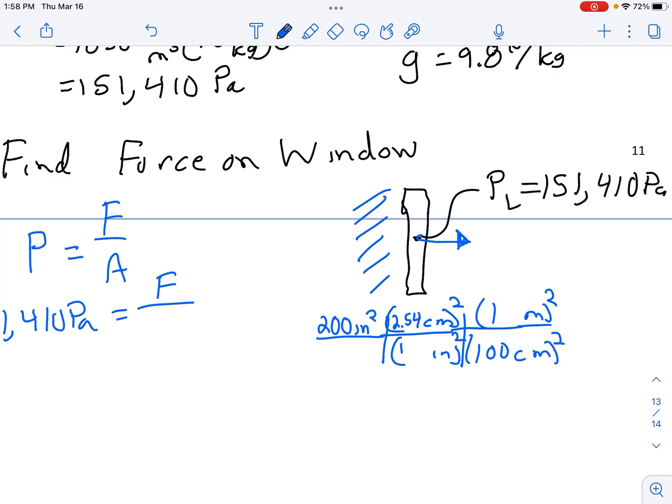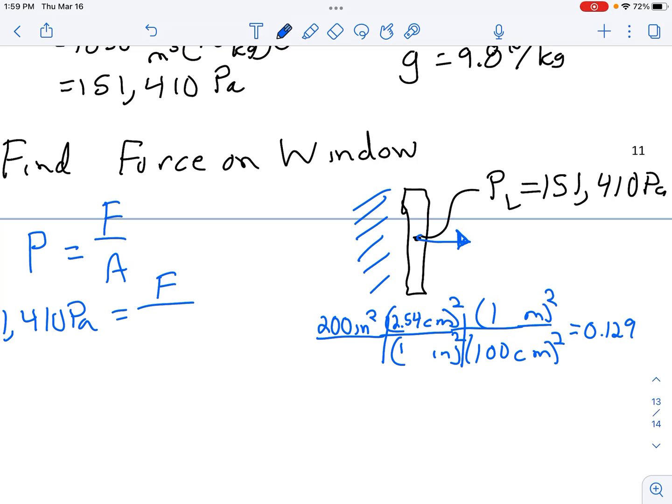So we get 400 times 2.54 squared divided by 100 squared. That's how I would have done it. So you get 0.258.